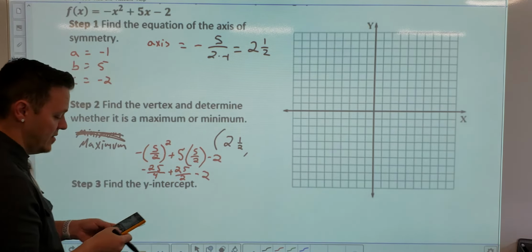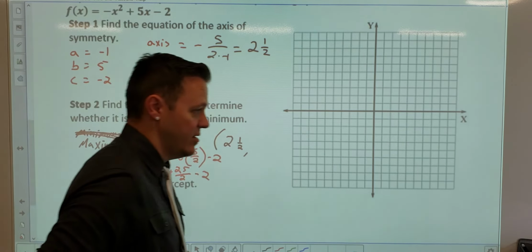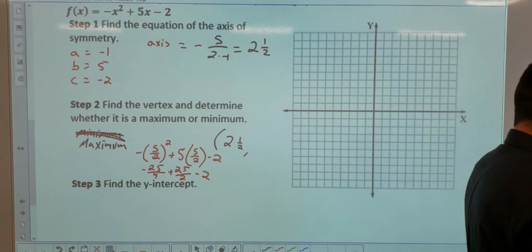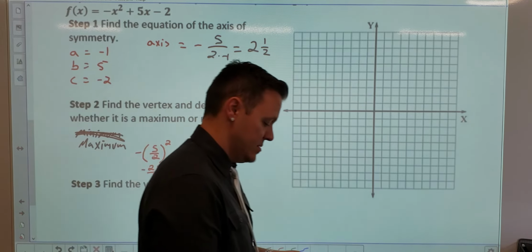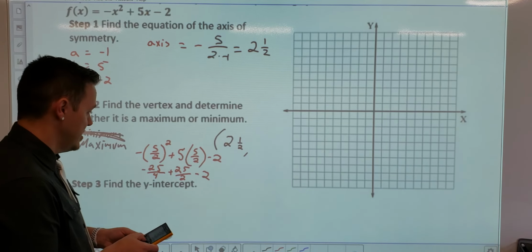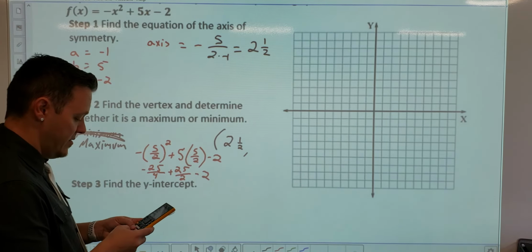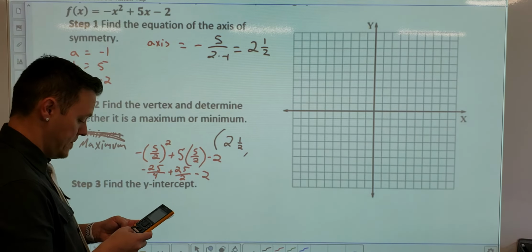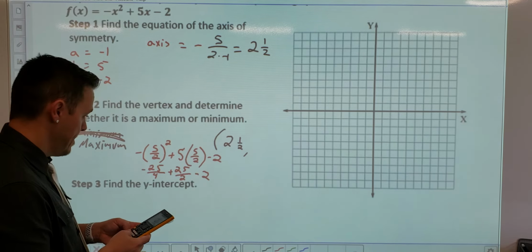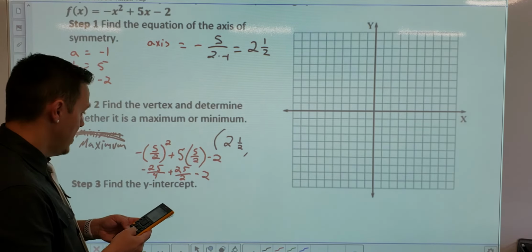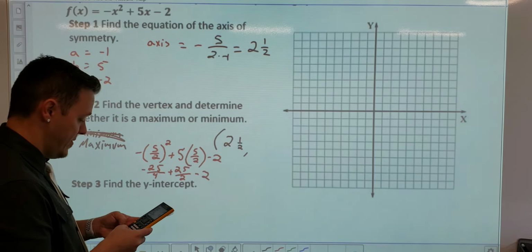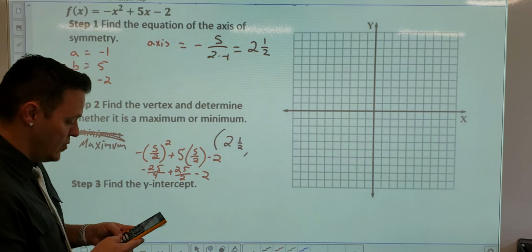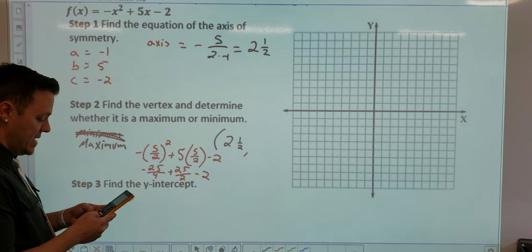Now I don't know what all that stuff is, so what I have to do is on my calculator here, it'd be negative 25 divided by 4, plus 25 divided by 2, and then minus 2.